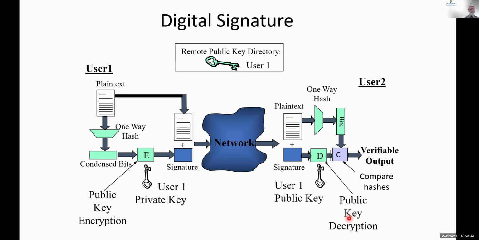Public key encryption refers to asymmetric encryption. It probably would have made more sense if I had said this is the asymmetric RSA encryption algorithm, and this is the RSA decryption algorithm. RSA is an asymmetric algorithm, often referred to as a public key algorithm because one of the keys can be made public.